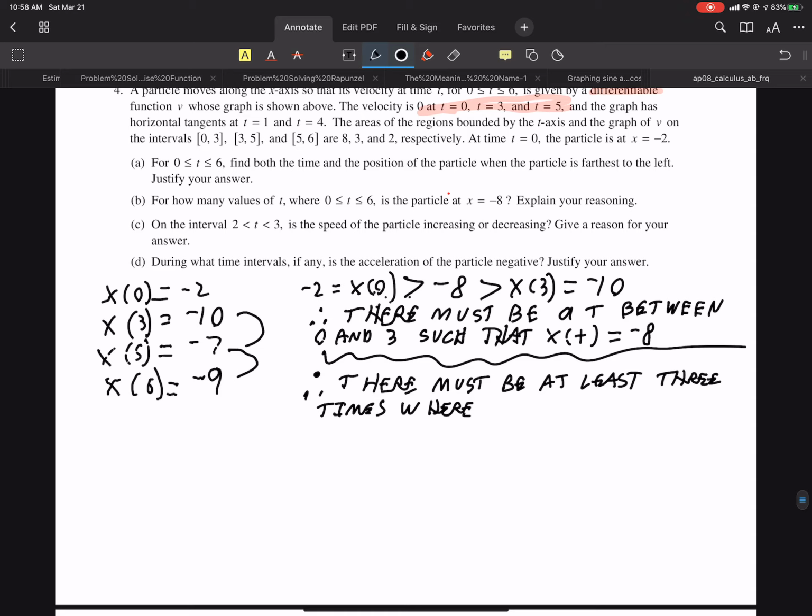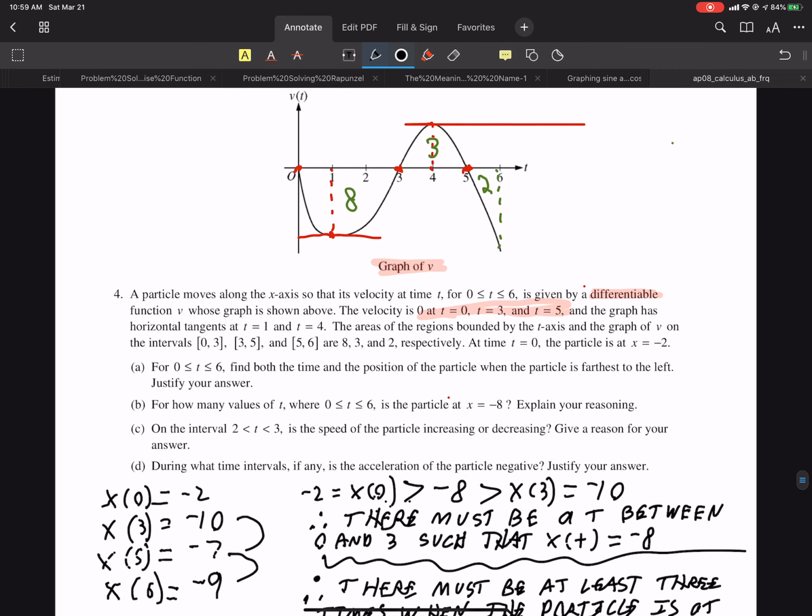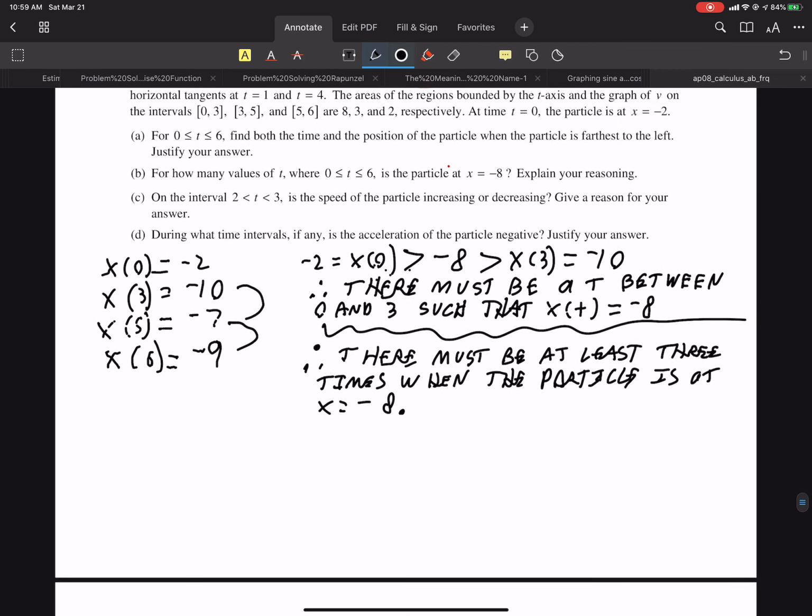When the particle is at x equals -8. All right, we probably didn't need that at least 3, but we're good with that.